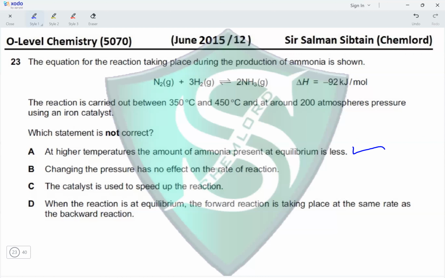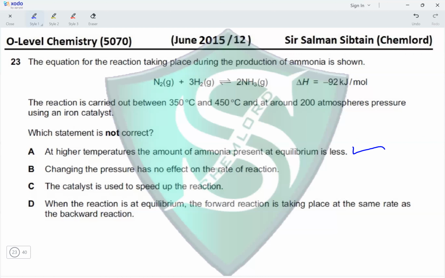Next, changing the pressure has no effect on the rate of reaction. If you change the pressure, a decrease in pressure favors the side with the greater number of moles.